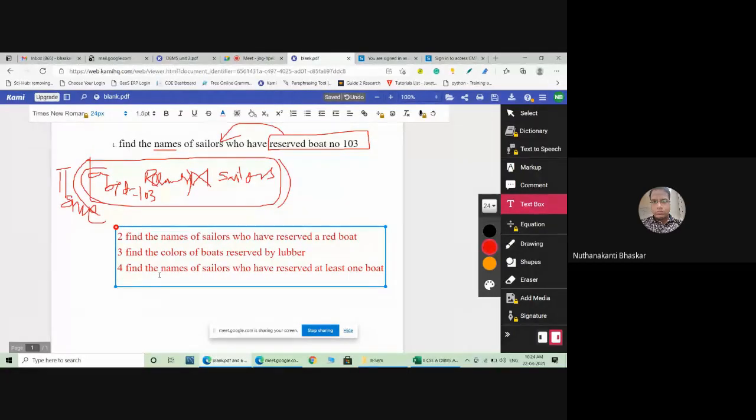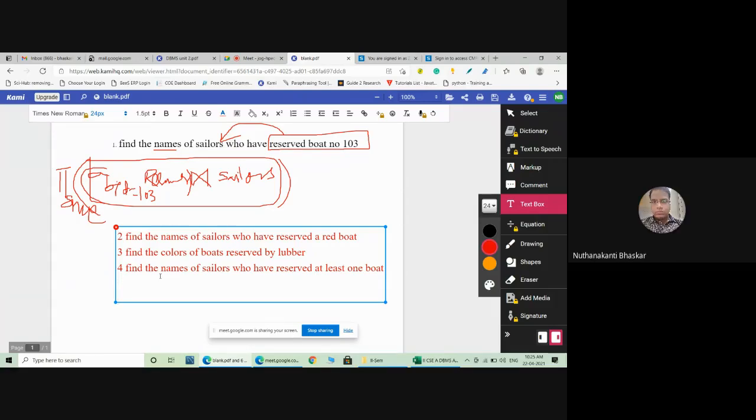But our question is what? At least the sailors we display must have reserved at least one boat. Those sailors you have to display. Minimum one boat they have to reserve. Such type of sailors we have to display. Understood the question?